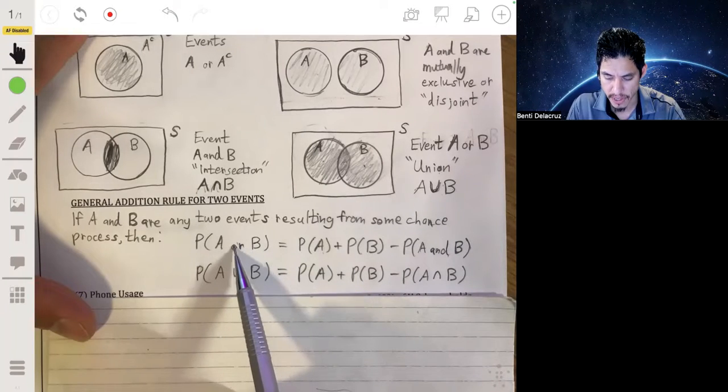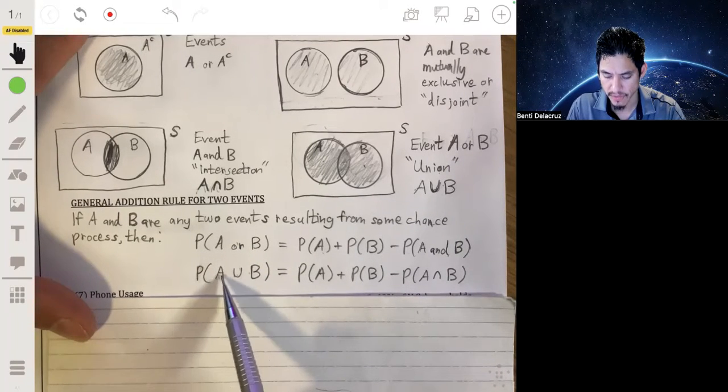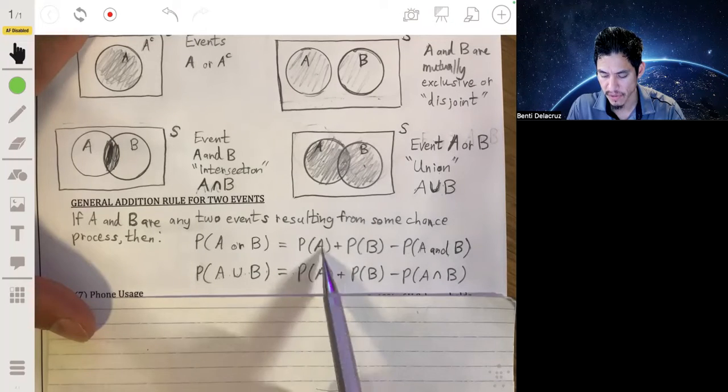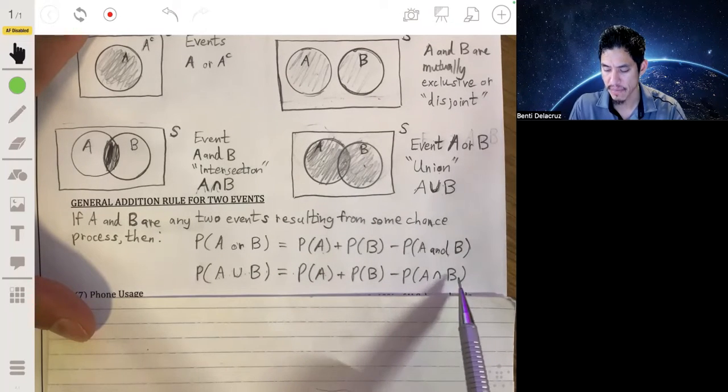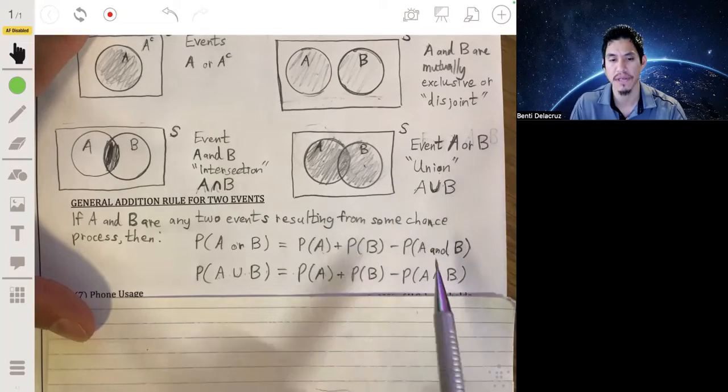Remember, so probability of A union B, so probability of A or B is equal to the probability of A plus the probability of B minus the probability of A and B, or the probability of A intersect B.